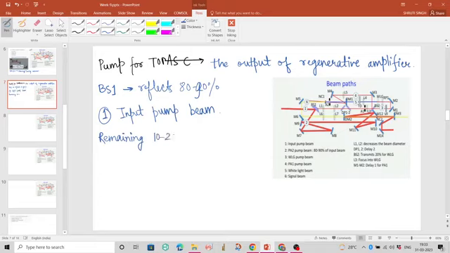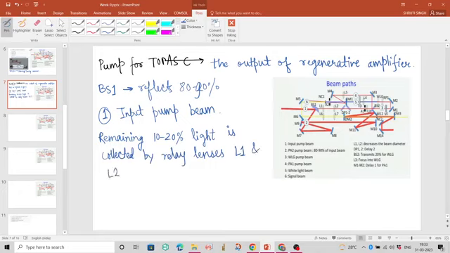the remaining 10% or 20% of the light is collected by these two relay lenses, L1 and L2. We will discuss this path a bit later.